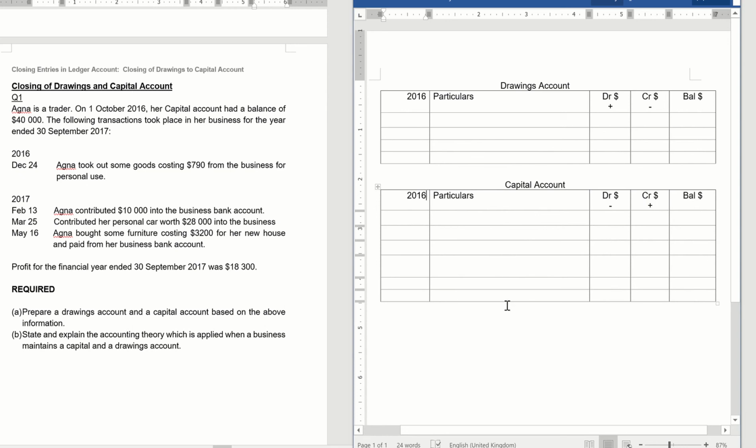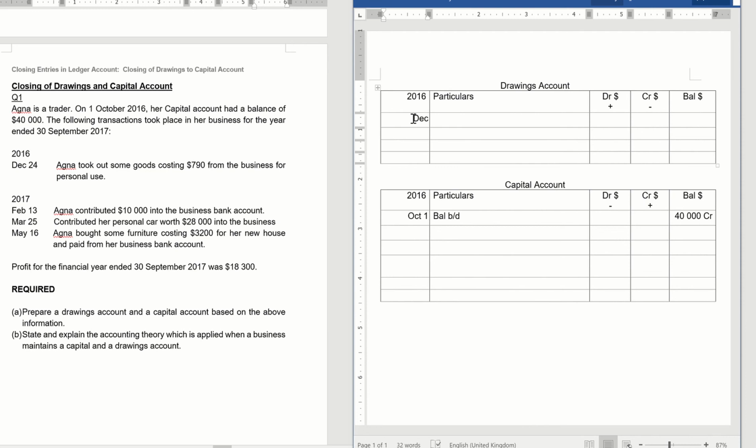On 1st October 2016, your capital account is given as 40,000. So you will write down as balance brought down, and the amount is 40,000. And what is the nature of a capital account? It's actually credit.